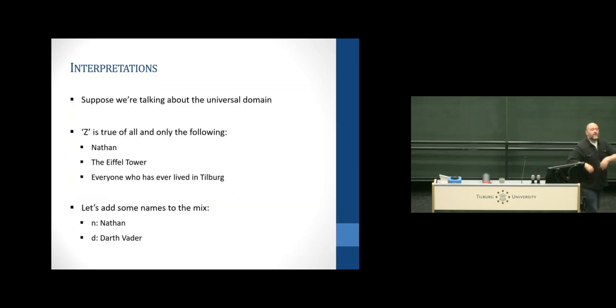So it's literally the list of things that satisfy the predicate. Just the list. So you could think about it this way, right? The extension of person in this room is going to be a list of each one of our names.